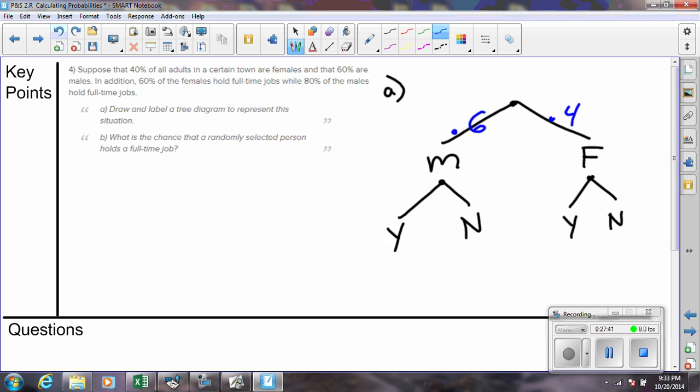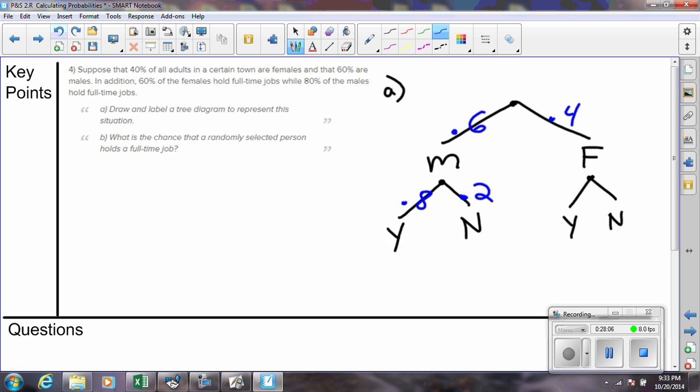For men, what is the probability that a man has a job? We were told that's 80%. What is the probability that a man does not have a job? Well, we know probability's got to add up to 100. So if we have 80%, what's the amount that gets you up to 100? 20%.